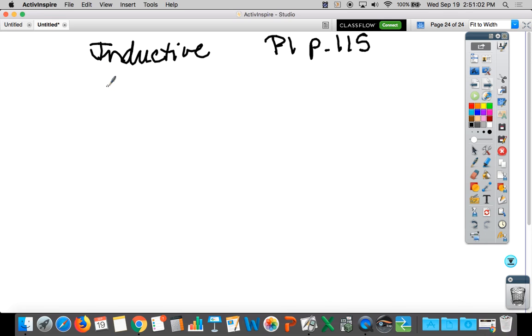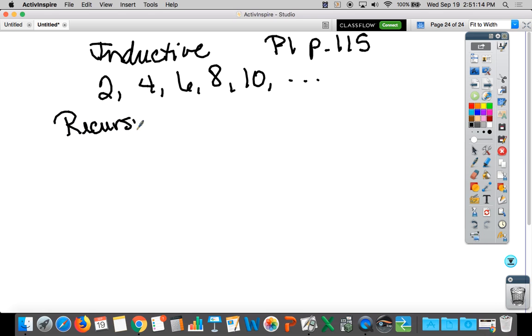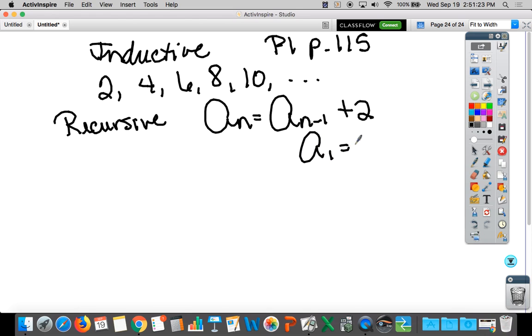So, let's start back with this very easy one. Now, if I were to write the recursive formula for this, it would be a sub n equals a sub n minus 1 plus 2, where a sub 1 is 2. So, let's make sure we understand.